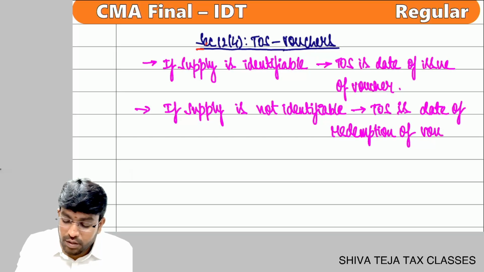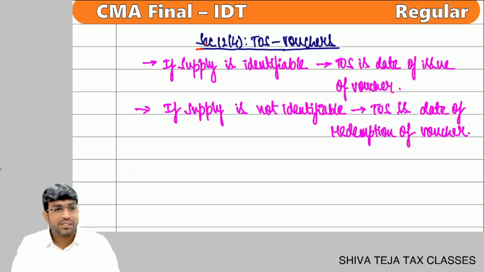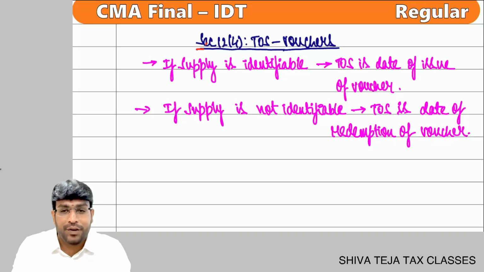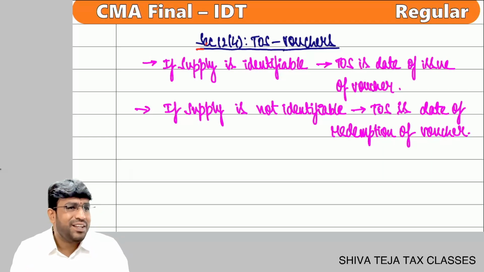Date of redemption of voucher. So friends, if supply is identifiable, what is the answer, my dear friends? Date of issue of voucher. When the voucher is issued, that is the answer. And if supply is not identifiable, time of supply is the date of redemption of voucher. Simple answer, not a big deal.